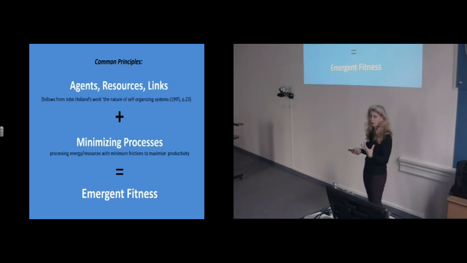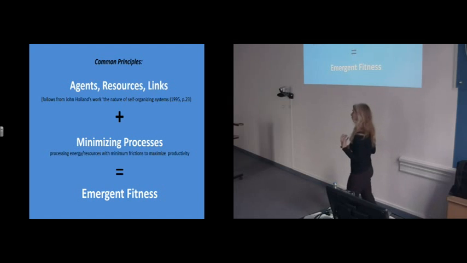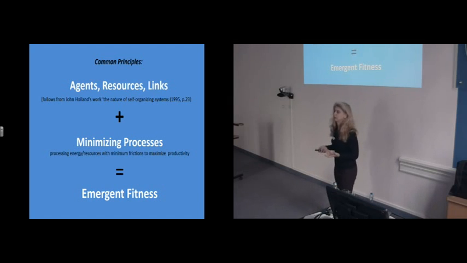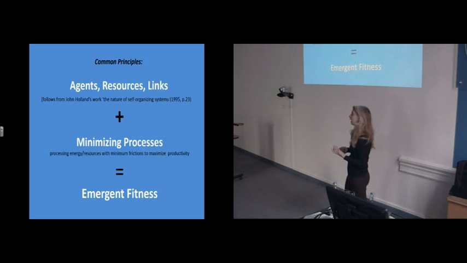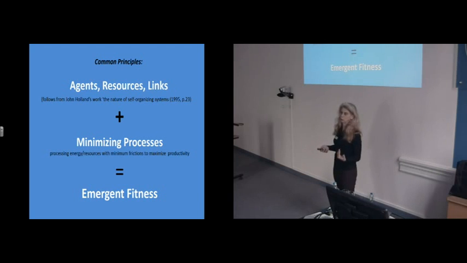And then that combined with the dynamics of minimizing processes, where in complex systems, agents within a system are in fact looking for the path of least resistance. That is going to take the least work to get to a goal. So if we imagine ants that are looking for food, the ants are trying to find the food source that yields the maximum amount of food for the minimum amount of travel distance to get there.